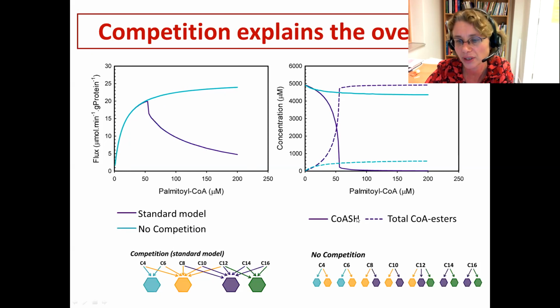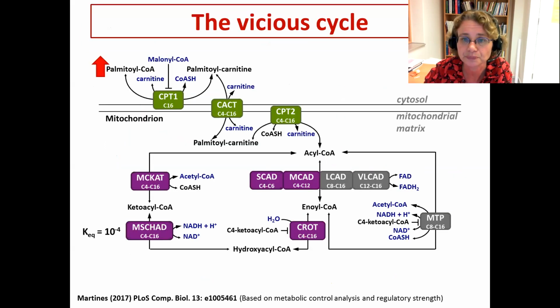And if you also look at the free coenzyme A, that was declining originally, and in the new model without the competition it is not. So clearly there is a relation between the way the system is wired and this risk of severe breakdown.